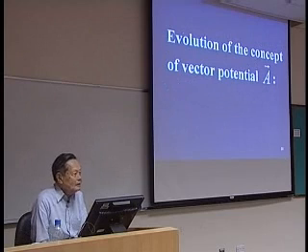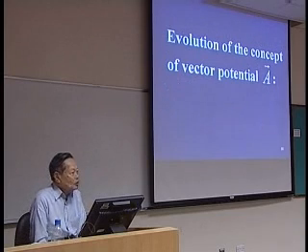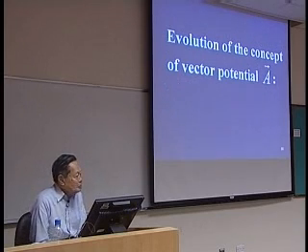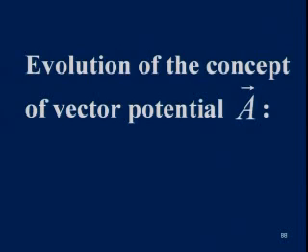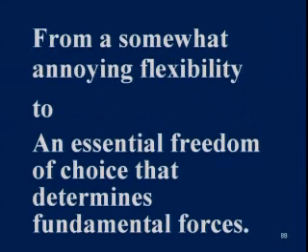So we have seen that the concept of the vector potential has had a very complicated, very important history. A few months ago, I published a paper about the evolution of the concept of the vector potential A, from a somewhat annoying flexibility in its definition to an essential freedom of choice that determines fundamental forces.